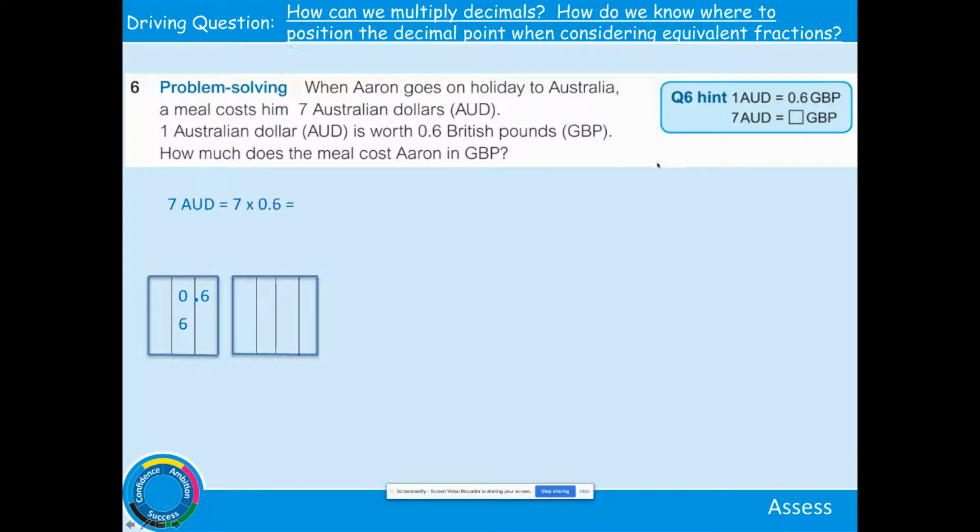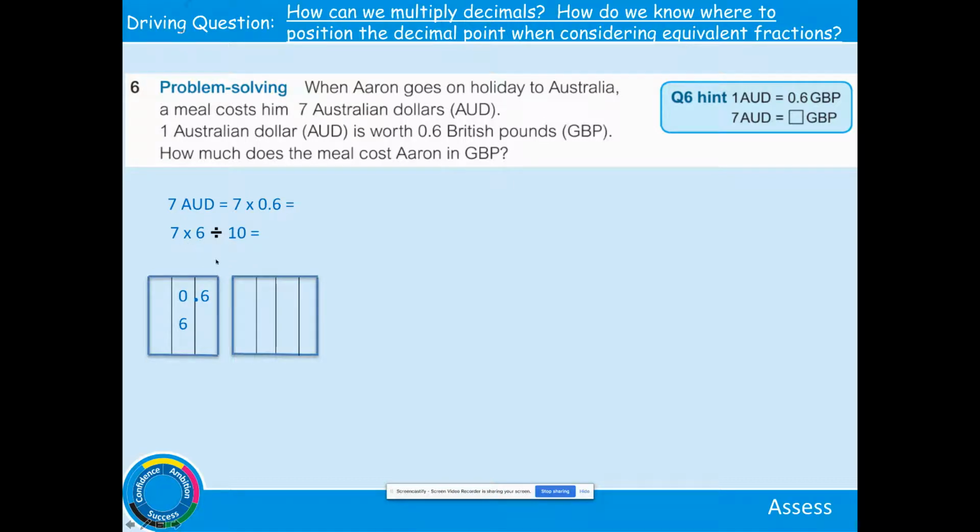So 7 Australian dollars equals 7 times 0.6. Okay, so we need to multiply by 10 to make that a whole number, which means we've got to divide by 10 for our answer.